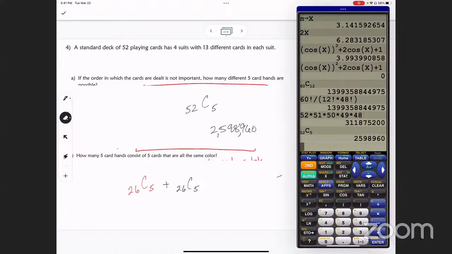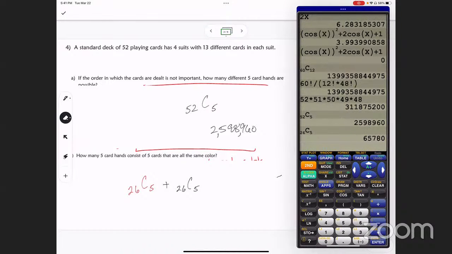Okay, so it's just like the same thing. Yeah, so there's 2 distinct possibilities. You can have 5 black card hands, and so there's half of the deck are black, right? So 26 choose 5. That's the total number of ways you can have a handful of just black cards.